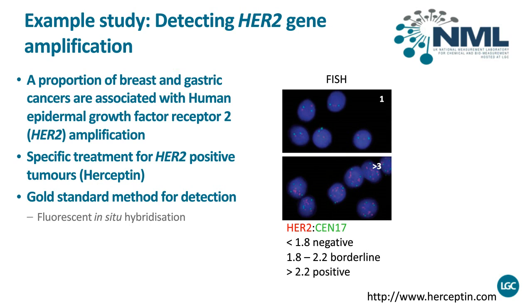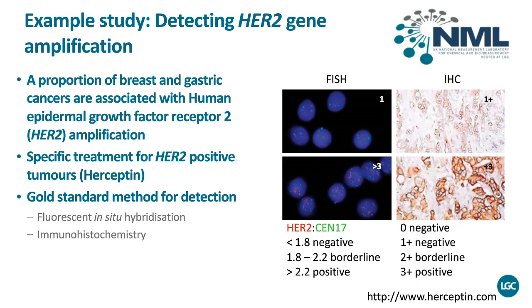These cells get scored depending on the ratio between the HER2 and the CEN17. So less than 1.8 is negative, so that patient would not receive Herceptin. And then 2.2 or above, that patient would be eligible for Herceptin. And then we have the borderline cases.